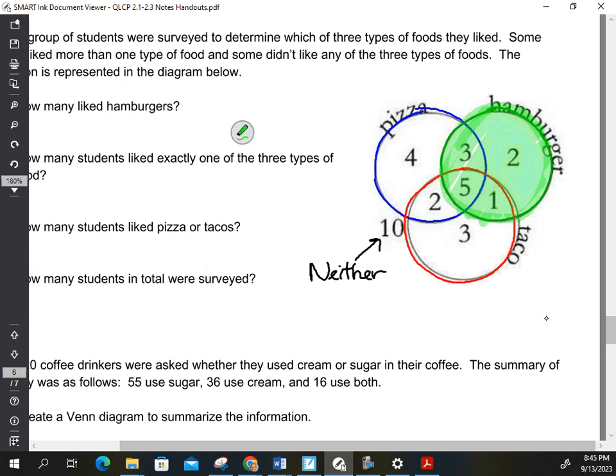So how many people like hamburgers? You add every number that is inside the hamburger circle. So 3, 2, 1, and 5. That's 11 people. 3, 2, 1, and 5, 11 people.